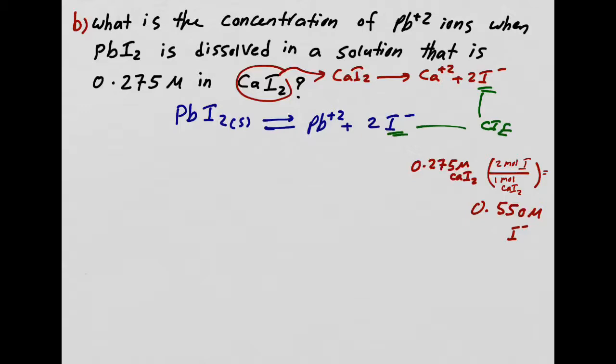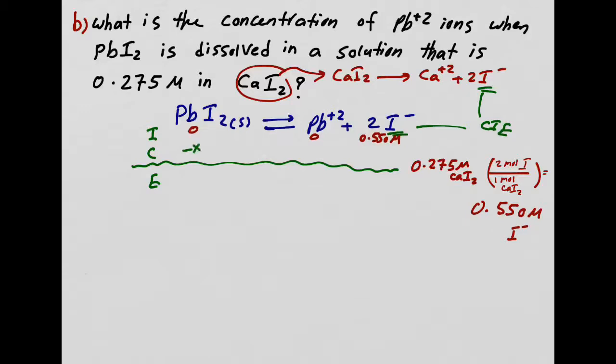Okay, great job. Now, I can do an ICE table if I want, or you can just conceptually do it. So at the beginning, of course, we have none of this, we have none of that, but at the very beginning, I do have 0.550 molar of I minus. Like before, right? We've done this before.